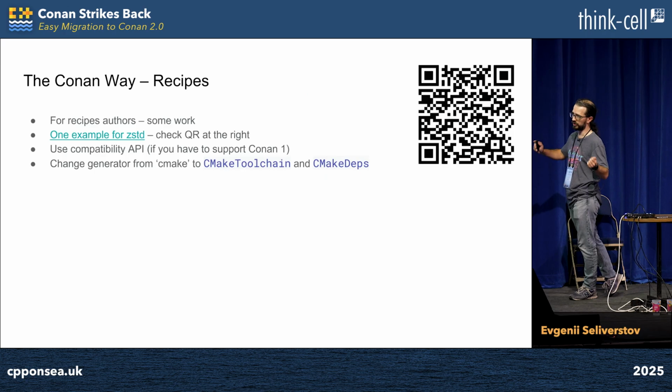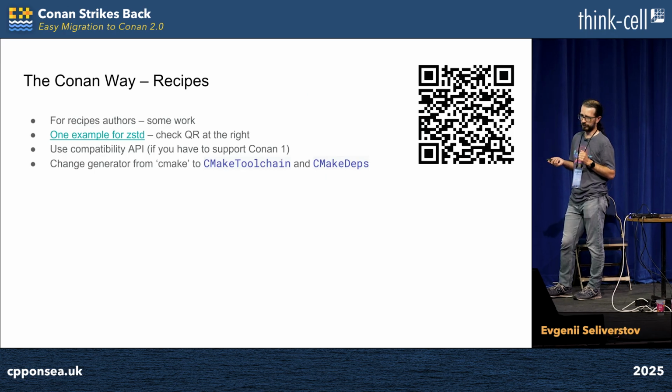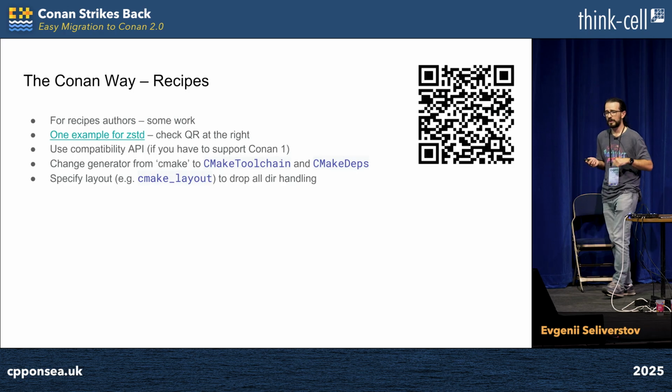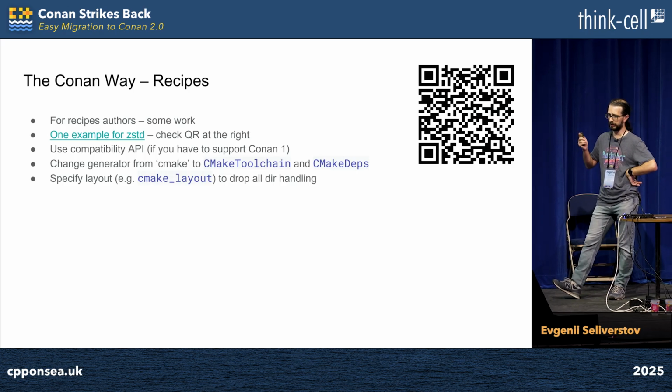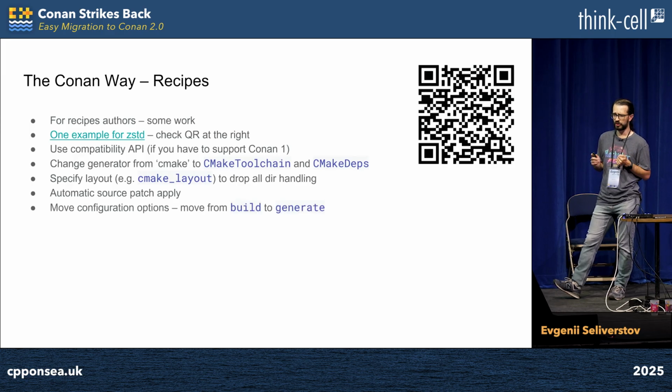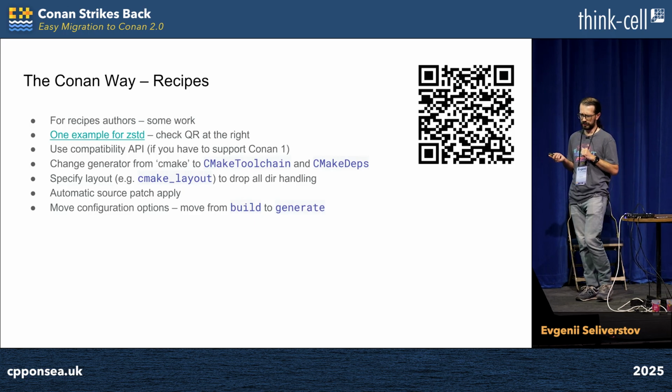It's how Conan generates all these intermediate files for you to use the CMake toolchain the modern way. You need to adjust some things like CMake layout to simplify how they work with directories. It also allows you to apply all the patches automatically to a package. I can show patches later.